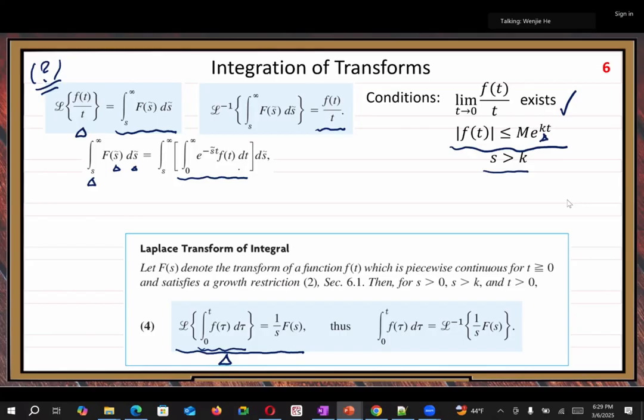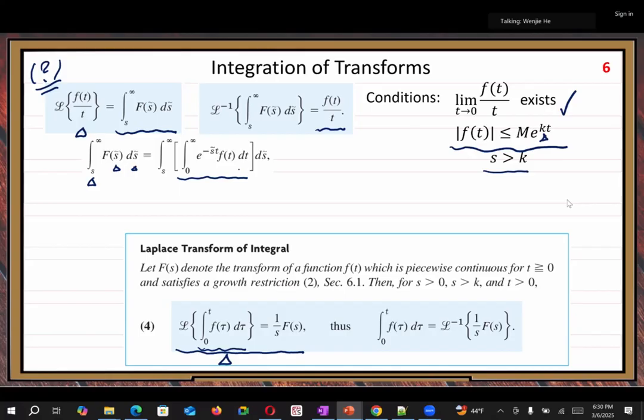Then there is an important theorem in calculus. Here we have nested integrals, two levels. Can you swap the order of integration?